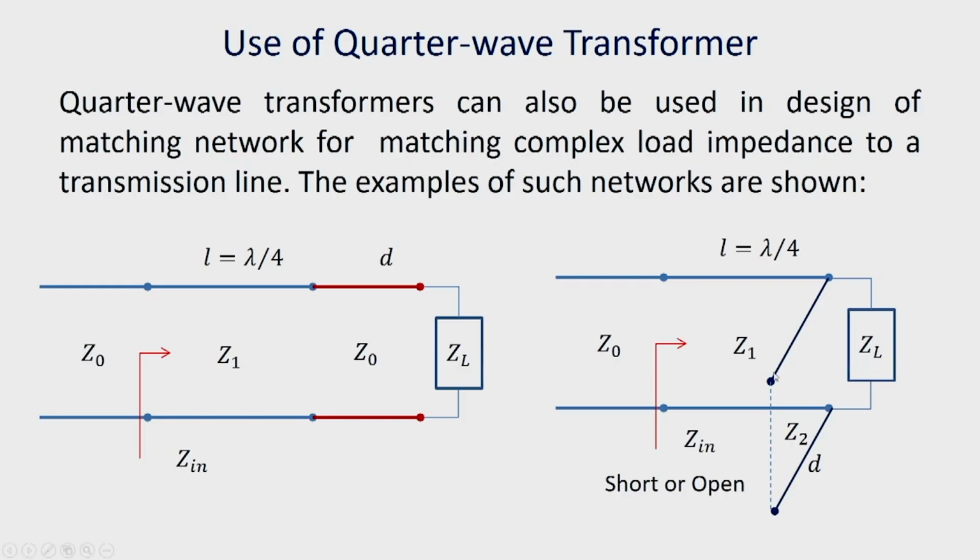Now, it is shown with a shunt stub. That means, this shunt stub and ZL combined will give a resistive load impedance here, which can be transformed to Z0 by using this quarter wave transformer.